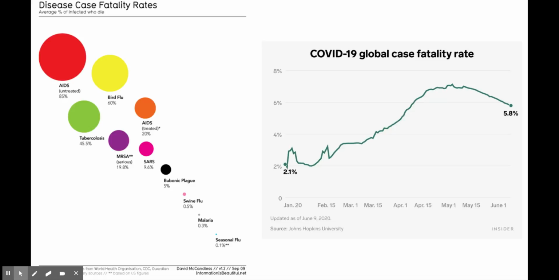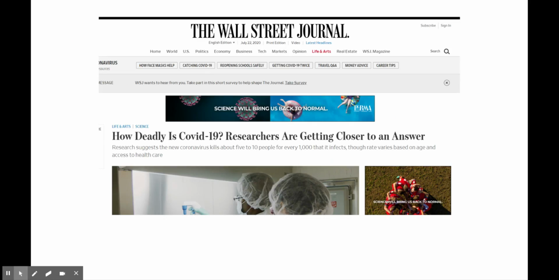So there's a lot of talk about comparing mortality rates with COVID-19 to seasonal flu. And there's also a lot of speculation about what the actual mortality rate of COVID really is. So that estimate goes up and down and fluctuates.